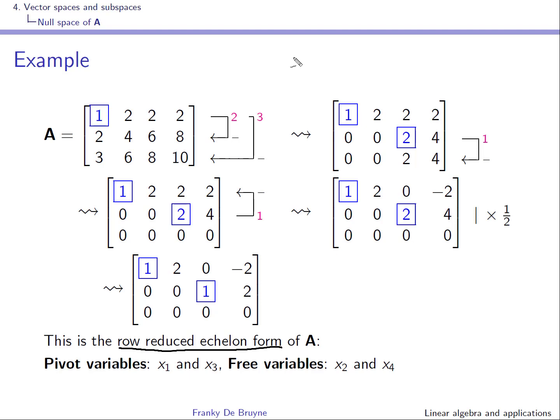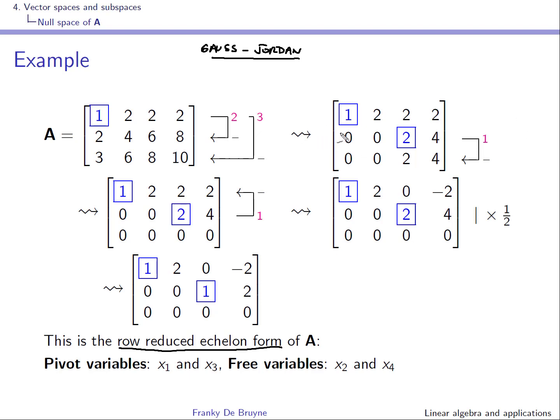So we have to use Gauss-Jordan elimination, okay? So as usual, we start with the top left. We have our pivot 1 over here. We want to create zeros over here. So we'll use the multipliers 2 and 3. It's simply the entry divided by the pivot. If you perform these two operations, you end up with the next matrix.